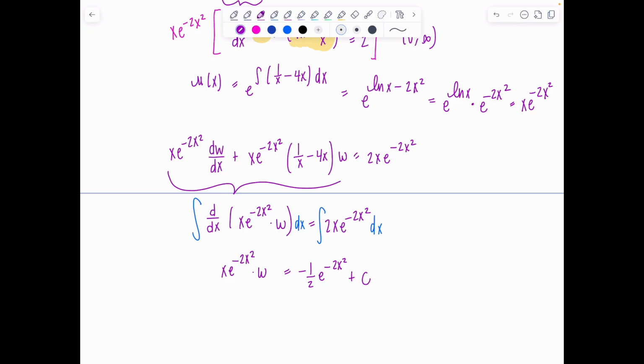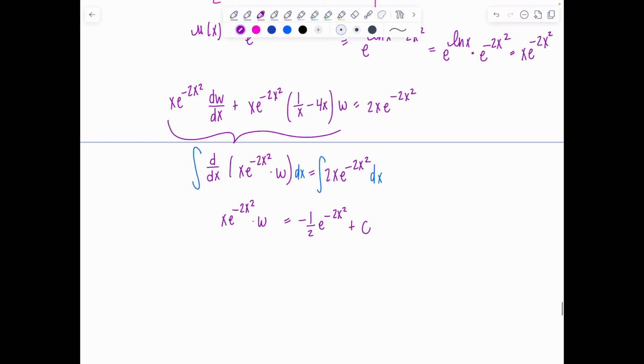Okay, very good. Now, let's divide everybody through by x e to the negative 2x squared. So w is going to equal negative 1 over 2x plus c over x.